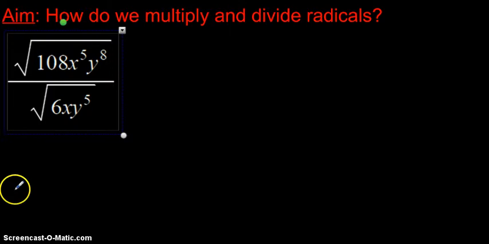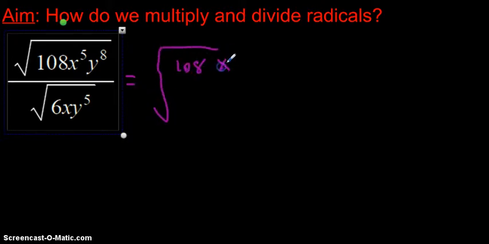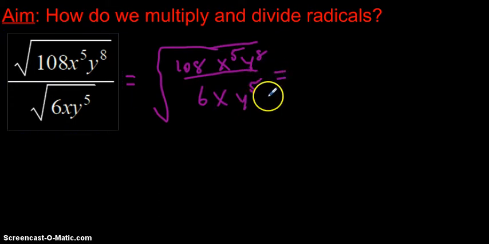Here we actually have two radicals that are separated. In this case, it might actually make more sense to put them together versus take them apart. So we have 108 x to the 5th y to the 8th, over 6 x times y to the 5th. 6 goes into 108 how many times?